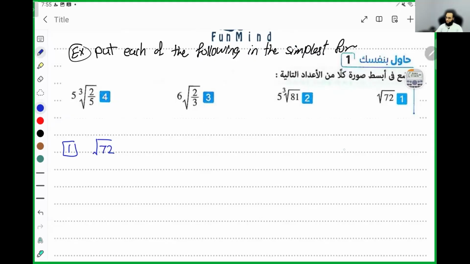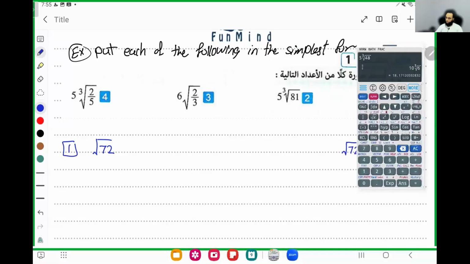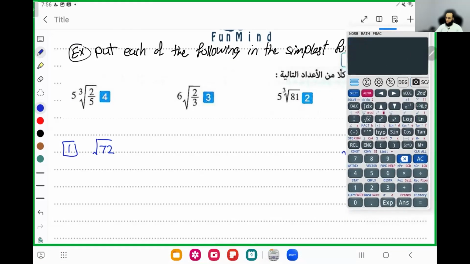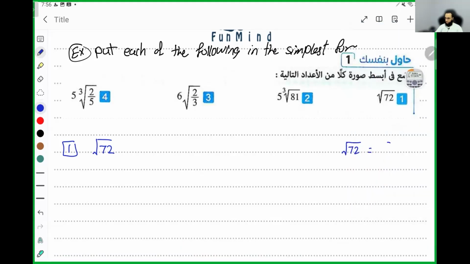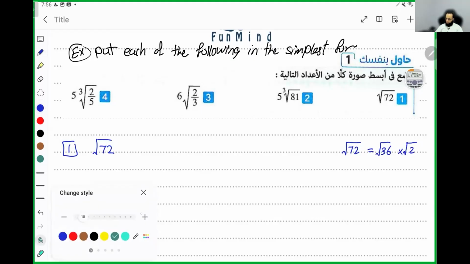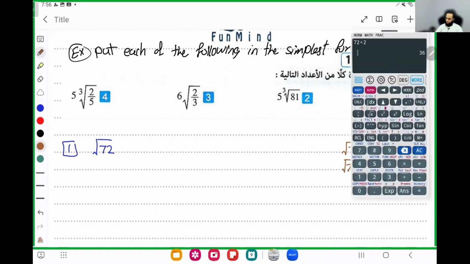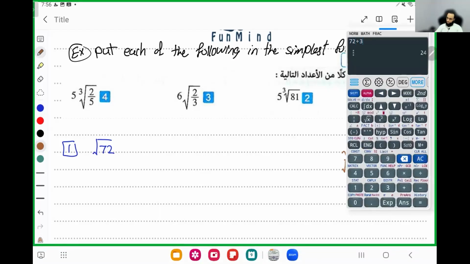Anas, square root 72. 72 equals what times what? Firstly, let's check the table of 2. It's 36. So you can do it as root 36 times root 2. Okay, it works. Let us do it with another color. Also root 72. Let's check 3. 72 divided by 3 is 24.